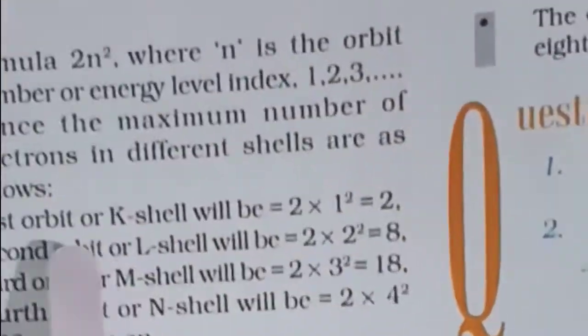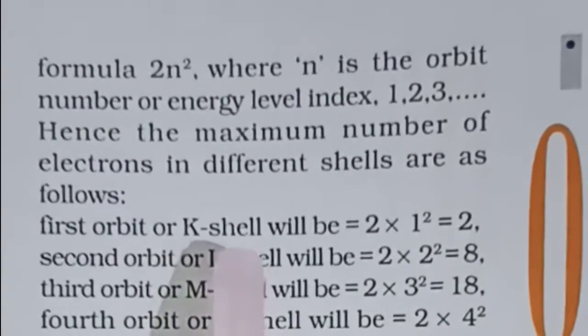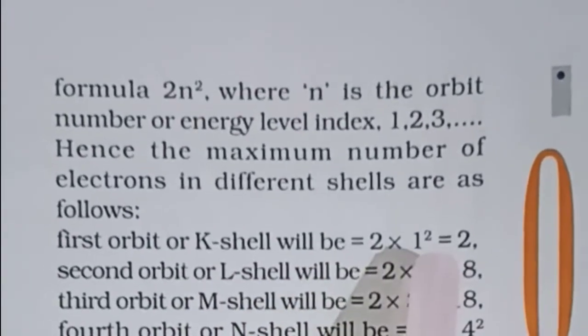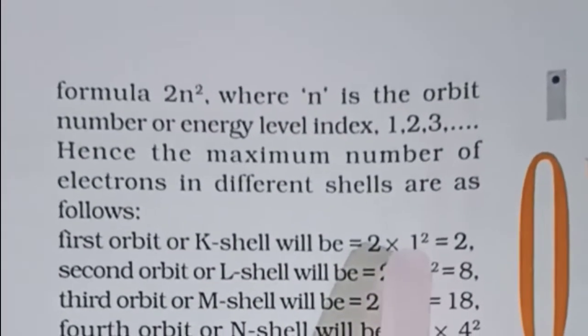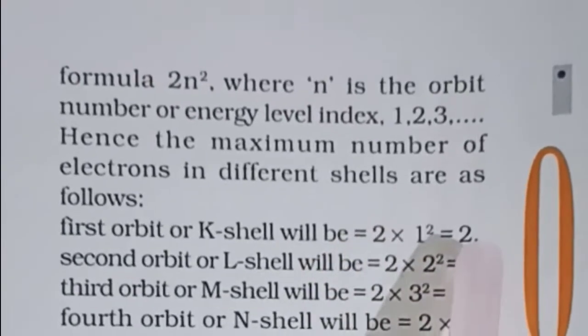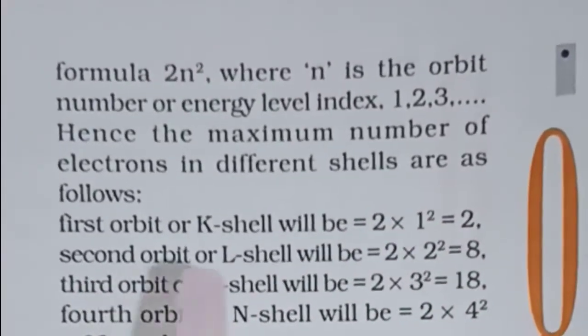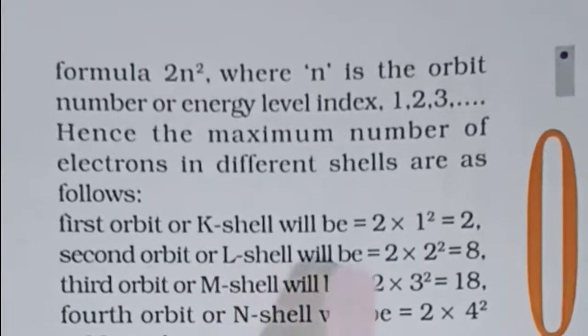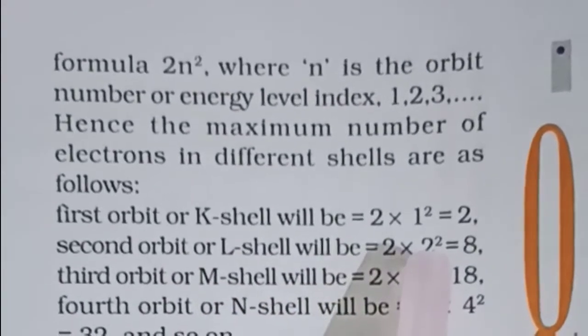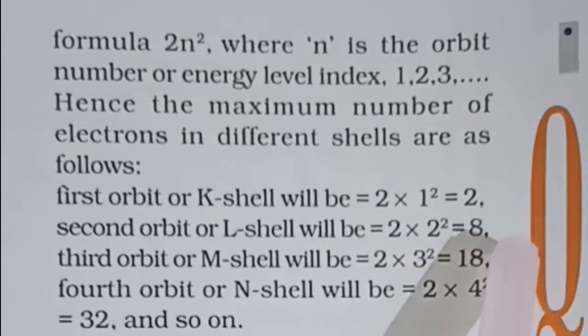So if we have the first orbit or the K shell, then the formula is 2n squared. Instead of n we will write 1 squared, 1 times 2 is 2. In the second orbit, that means the L shell, 2n squared, n value will be 2, 2 squared is 4, 4 times 2 is 8.